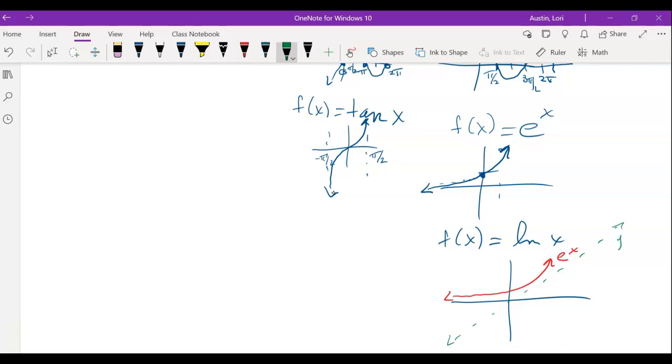What line is that? Y equals x. An inverse, if you recall, graphically is a reflection over y equals x. So if you don't remember what ln of x looks like, if you know what e to the x looks like, you can be like, oh wait, it's just a reflection.